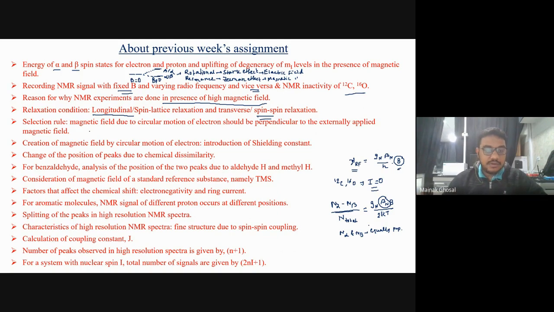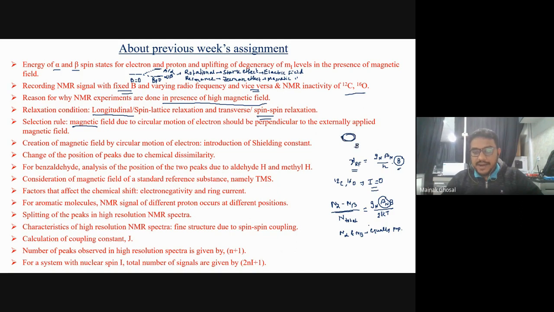Next, the selection rule was discussed, and the main thing discussed is that the magnetic field due to circular motion of electrons would be perpendicular to the external magnetic field. That is, there is some electron which is moving, circulating, so it will create a magnetic field.